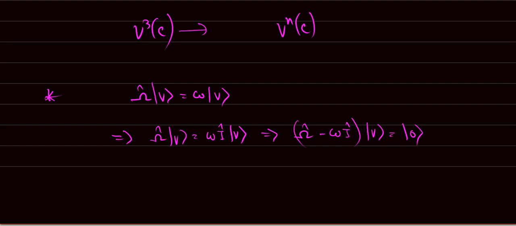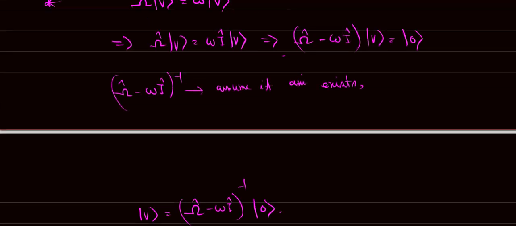Operating on both sides by this matrix, assume it exists. Assume it exists. We can write this, but we cannot operate on a zero vector and find something. So our assumption that the inverse of this thing exists is wrong.